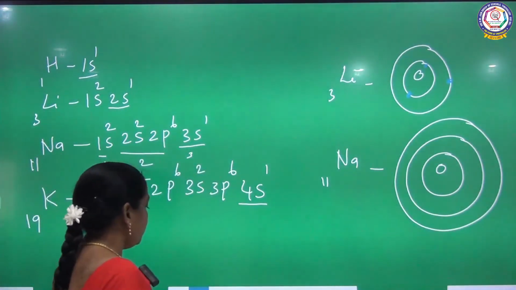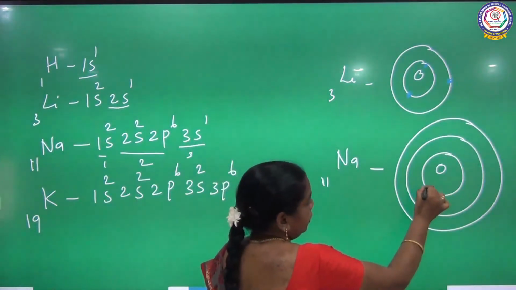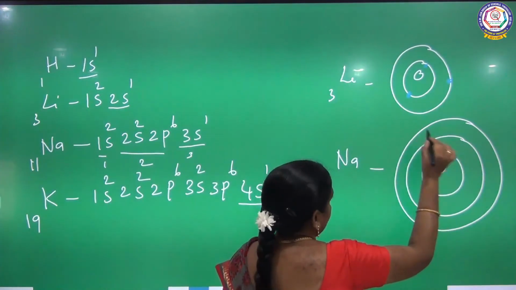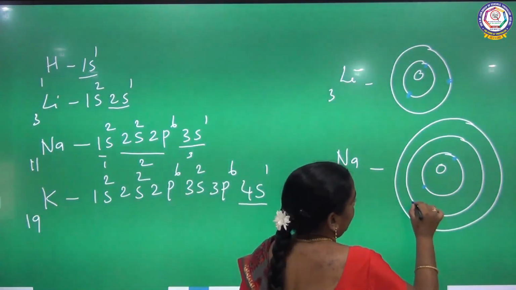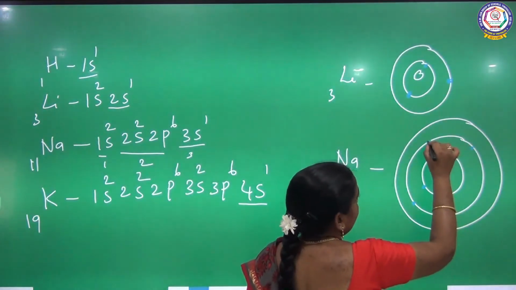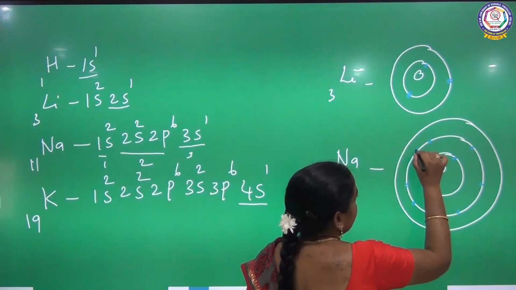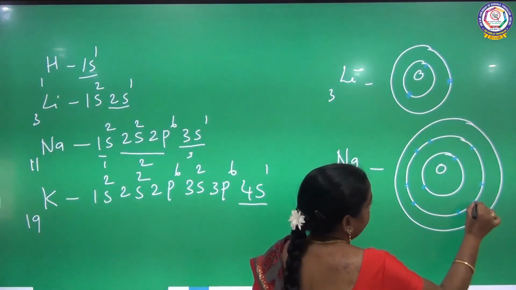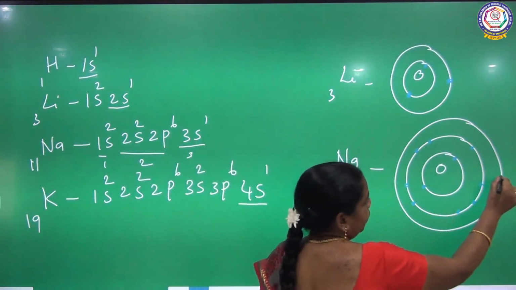Now you see the number of electrons: 2 electrons in the first energy level, then in the second energy level 8 electrons, 1, 2, 3, 4, 5, 6, 7, 8, and then the third energy level only 1 electron.